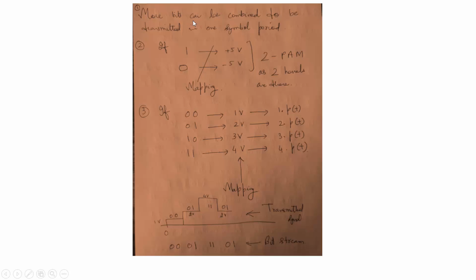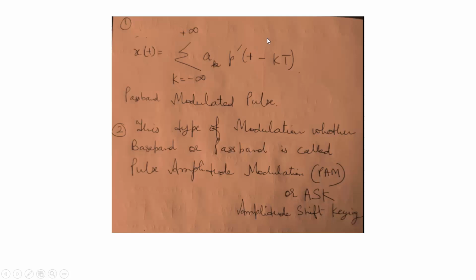Okay. More bits can be combined to be transmitted in one symbol period. Up till this point, I was using the symbol period from 0 to capital T seconds to represent only one bit, either 1 or 0. But within that period from 0 to capital T, I can combine two bits.